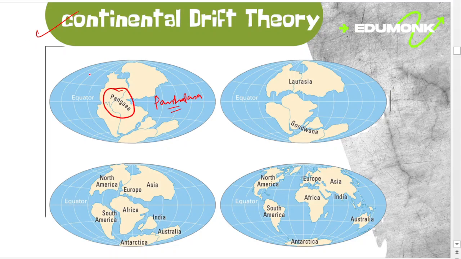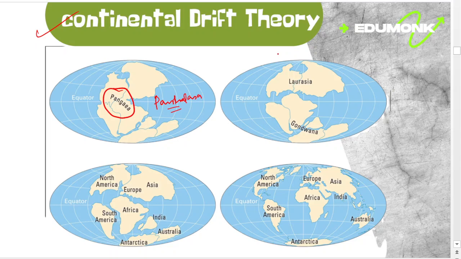So in the Mesozoic period, there was a huge continental mass present in the world, known as the supercontinent, and an ocean which completely surrounded the landmass, known as Panthalassa.